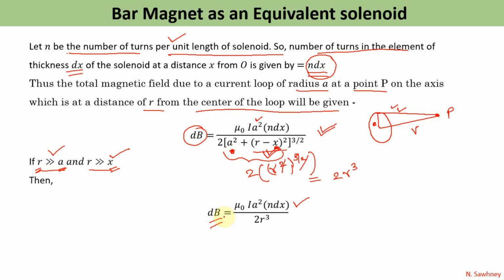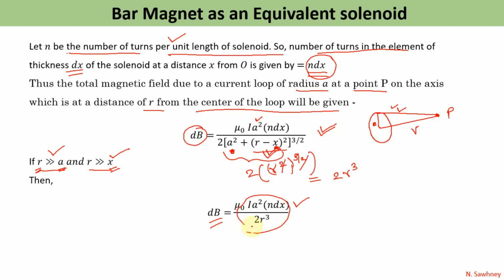So we have written it as dB, but in order to find the entire magnetic field, we have to integrate this term within the limits minus L to plus L in order to consider the entire length of the solenoid, which is 2L, because we are measuring from the center of the solenoid.